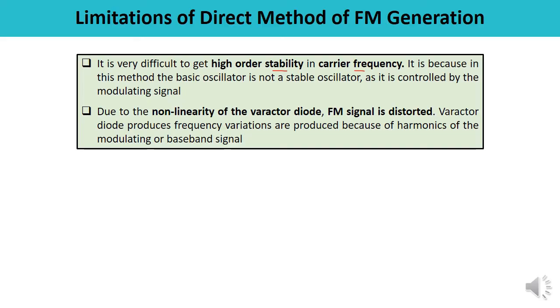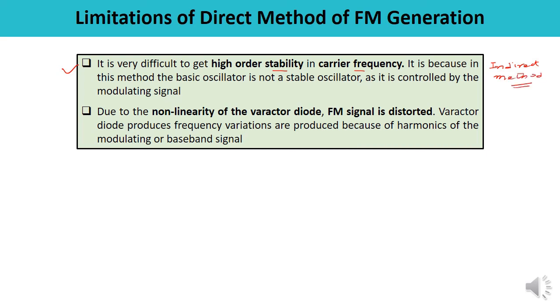It means a stable oscillator cannot be used, so the carrier generation cannot be of the high stability that is actually a requirement. A solution to this problem is the indirect method, the Armstrong method.